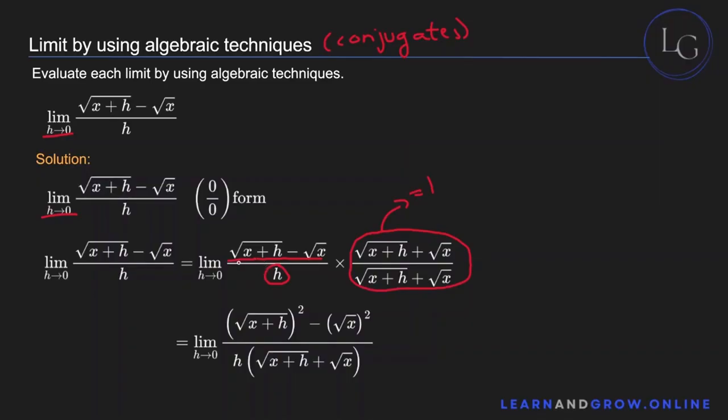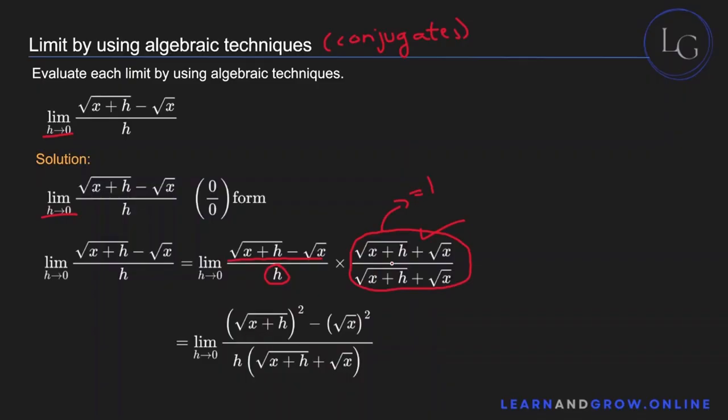But the numerator is a very intricate function, this under root of x plus h minus under root x. So you multiply the function with the conjugate of this numerator. If this was in the denominator and h was in the numerator, you would still multiply it with this particular expression, because this is the more complex function.